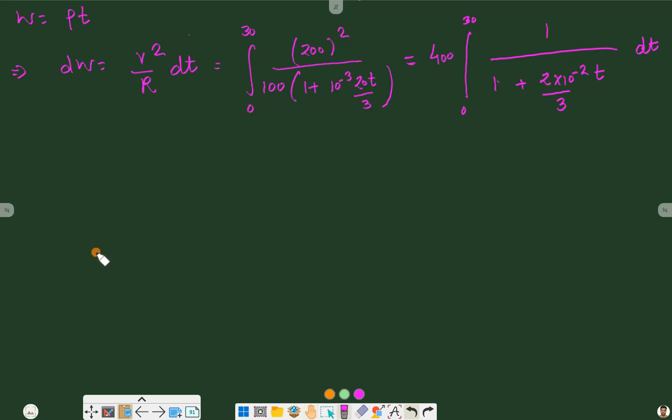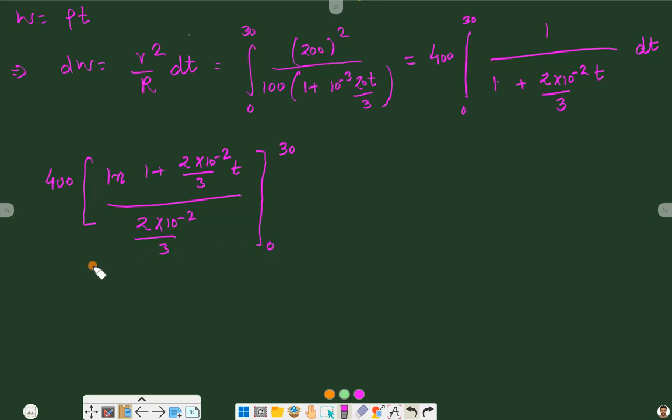As it is a 1 plus nx type integral, the integral will be ln of 1 plus 2 into 10 raised to power minus 2 by 3 into t, divided by n, that is 2 into 10 raised to power minus 2 by 3, with limits 30 and 0.